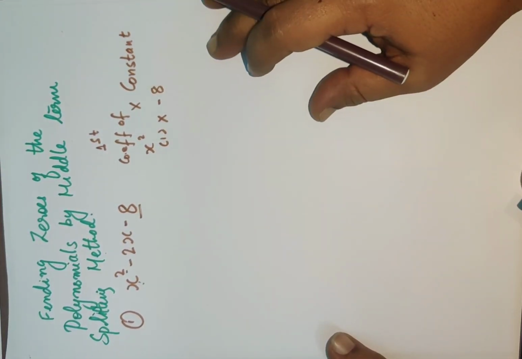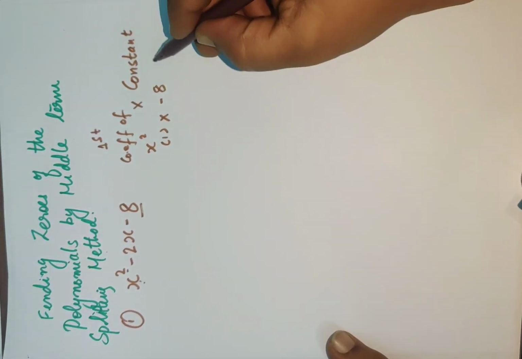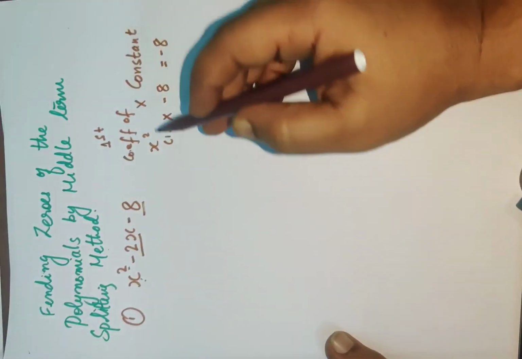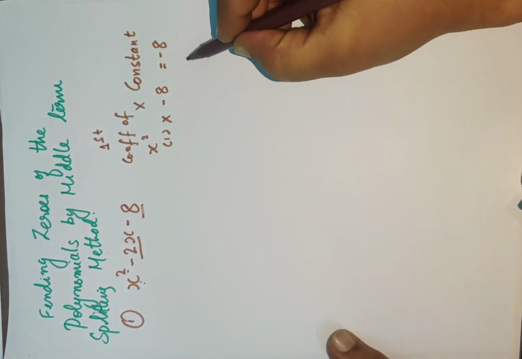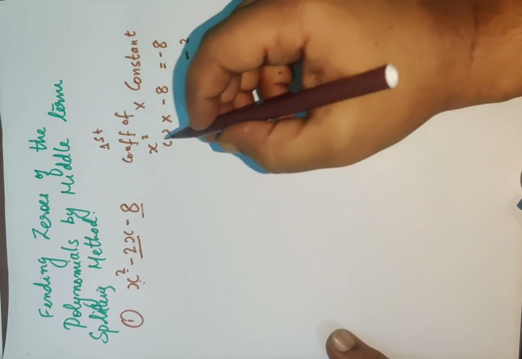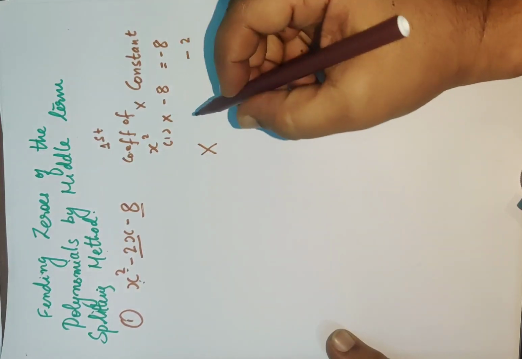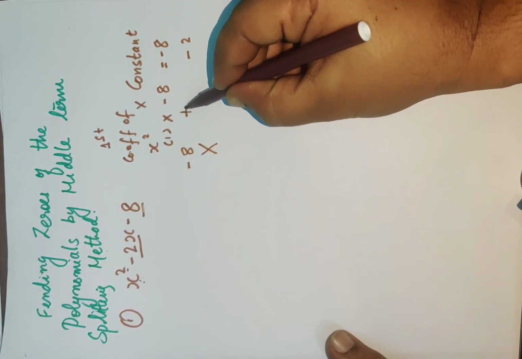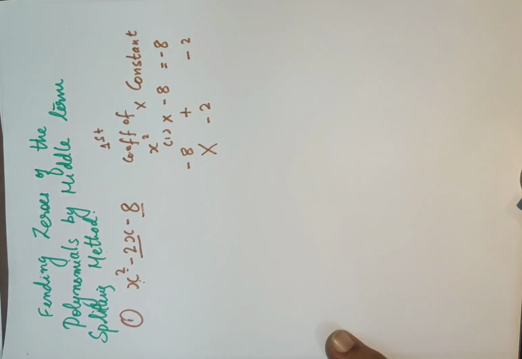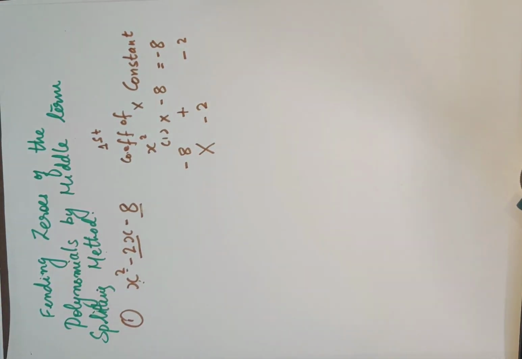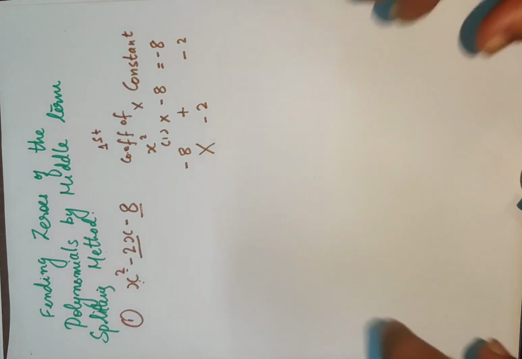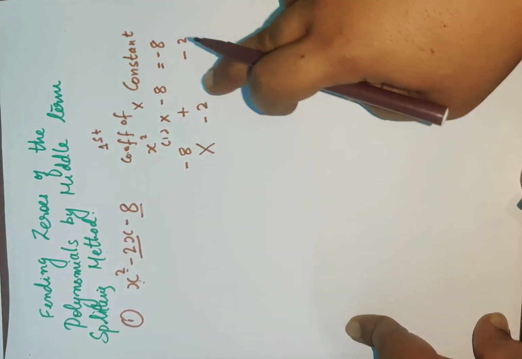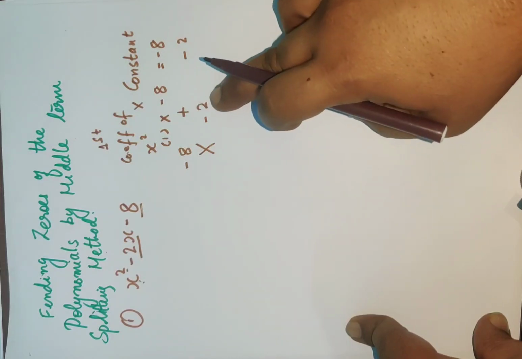So 1 into minus 8 is minus 8, and the middle term is minus 2. So what we can understand: when we multiply we should get minus 8, when we add we should get minus 2.